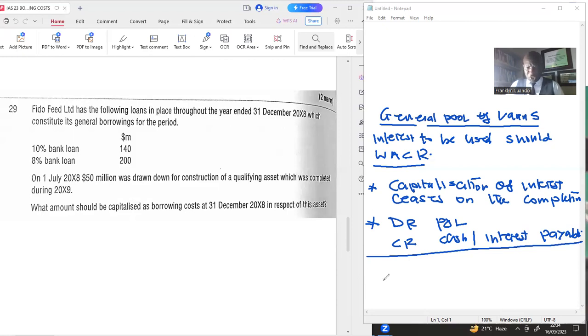So funds not required now can be invested temporarily.